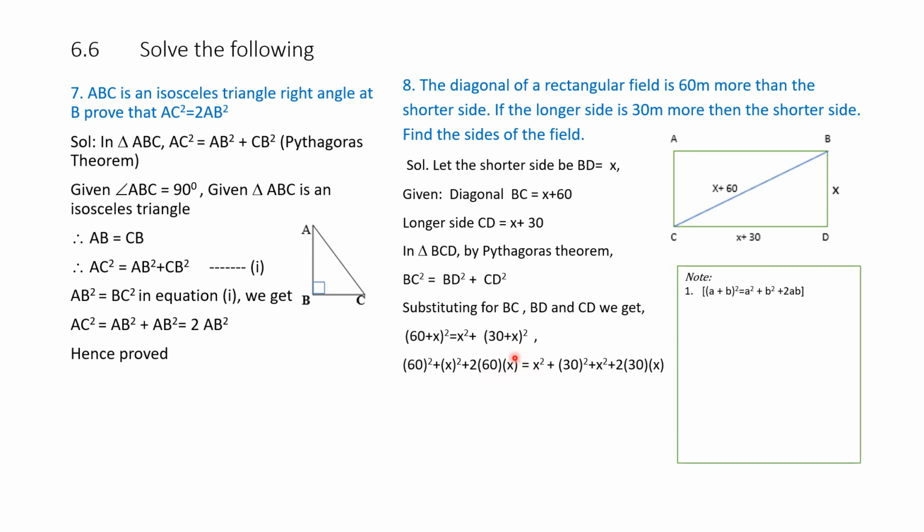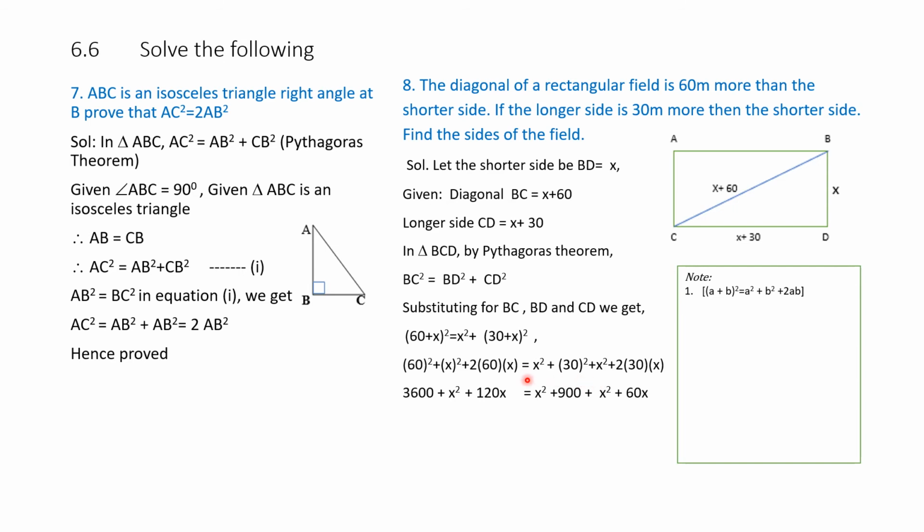And on the right hand side, you put x square as it is and expand (30 plus x) square using the same formula: (a plus b) square is equal to a square plus b square plus 2ab. So hence we get this equation, that is 60 square plus x square plus 2 into 60 into x equals x square plus 30 square plus x square plus 2 into 30 into x.